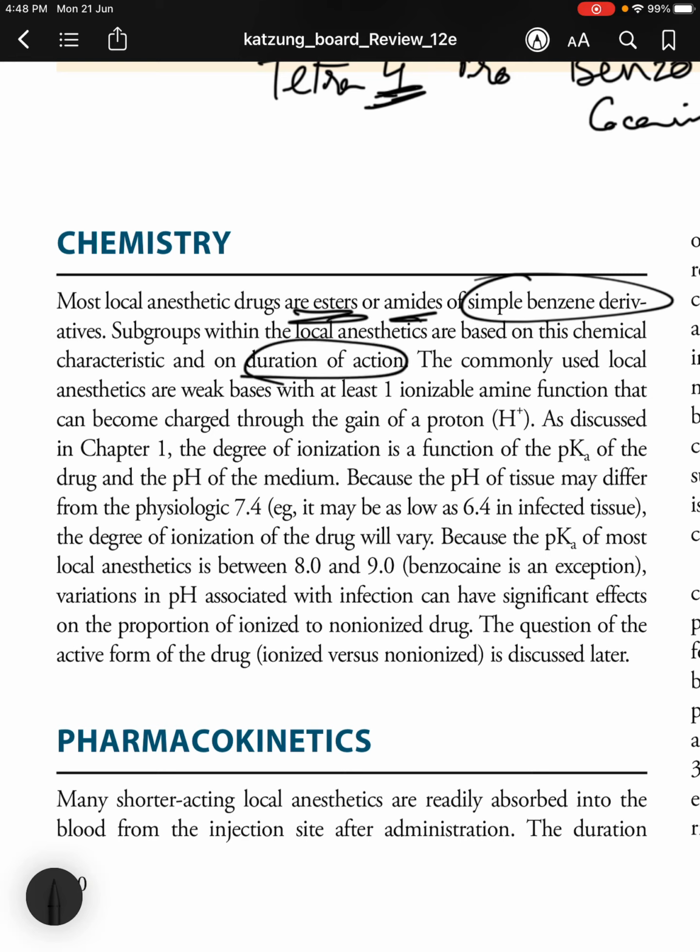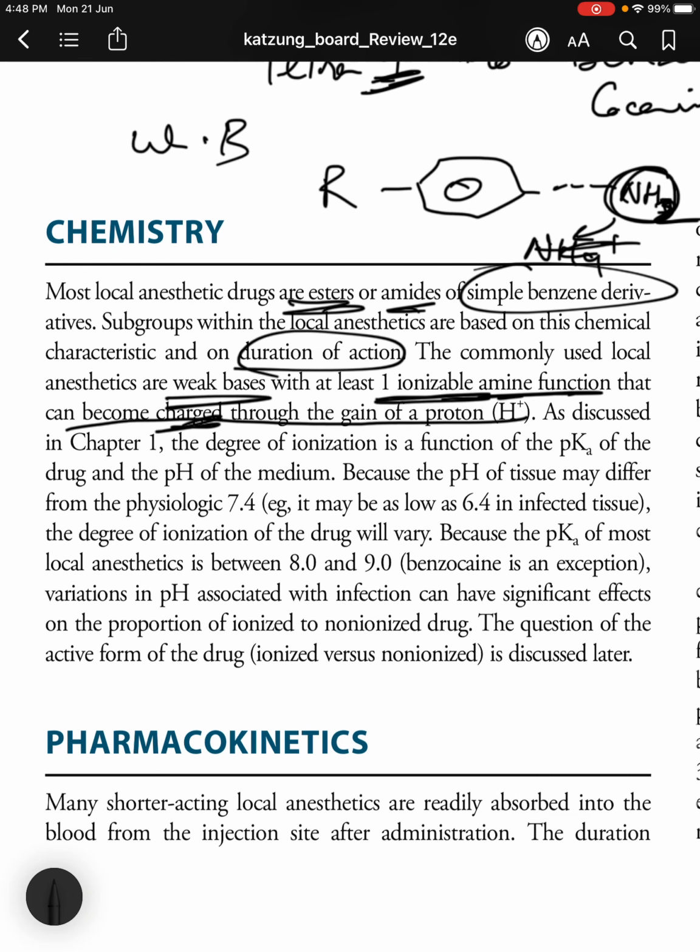So they all have a benzene derivative, and they have at least one ionizable amine function. This amine function can gain a proton and become charged.